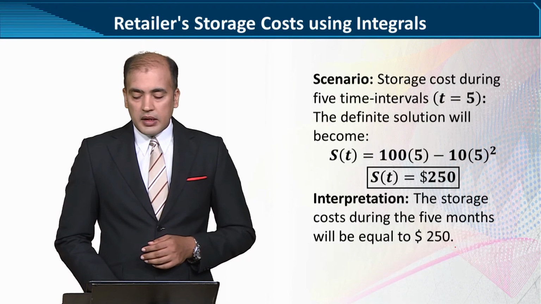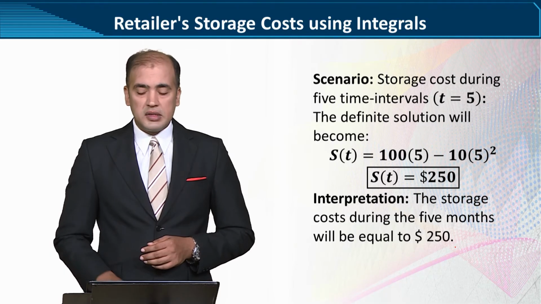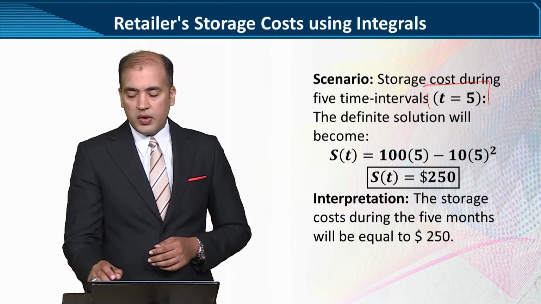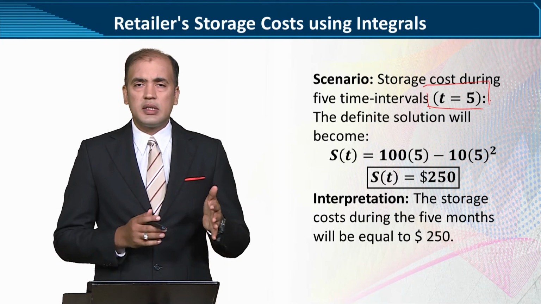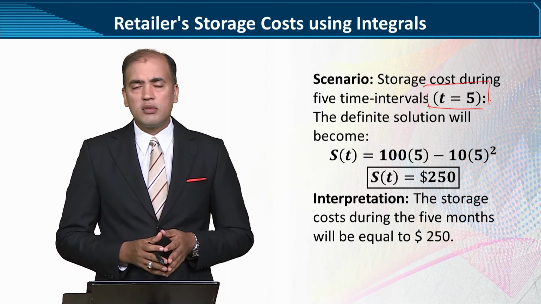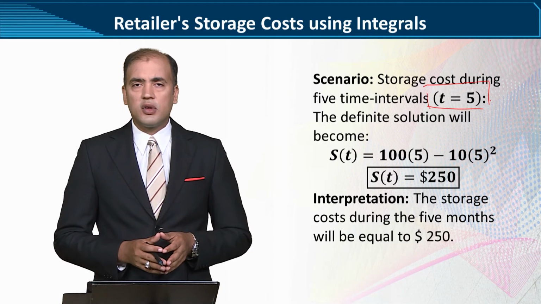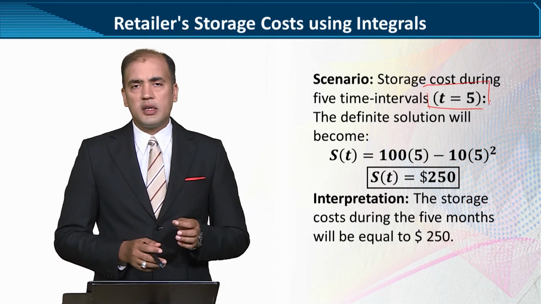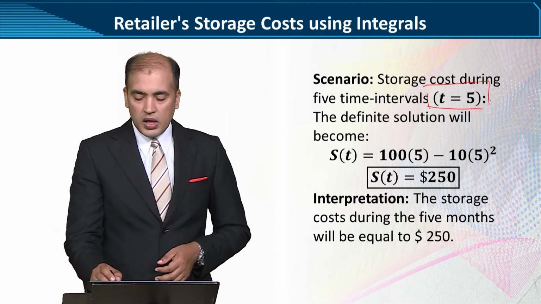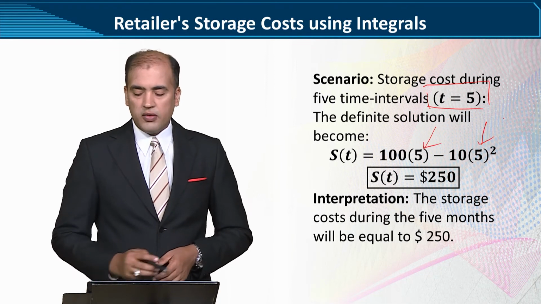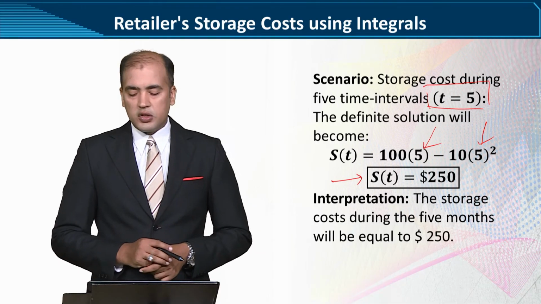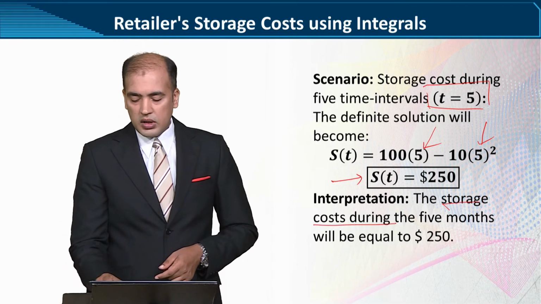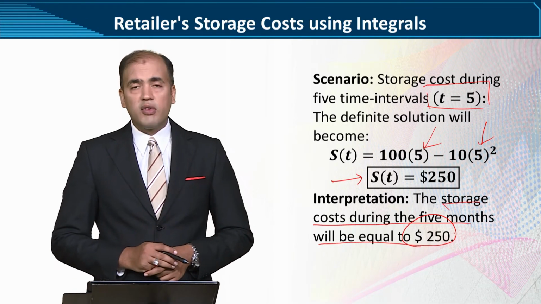So initially, the goods are increasing and there is an increase in the storage costs. Now, the requirement or the scenario that was there was about t is equal to 5. हमने जहाँ पर t का वेरिएबल है वहाँ पर 5 सब्सटीट्यूट कर देना है, सो दैट हमारे पास स्टोरेज कॉस्ट की एग्जैक्ट वैल्यू आ जाए फॉर 5 मंथ्स. तो आपने देखा जहाँ जहाँ t था वहाँ हमने 5 को सब्सटीट्यूट किया और फाइनली वी गॉट दिस आंसर दैट इज शोइंग अस कि जो स्टोरेज कॉस्ट है ड्यूरिंग द 5 months दैट विल बी दिस, दैट इज $250.